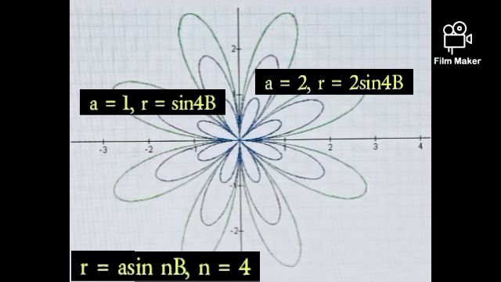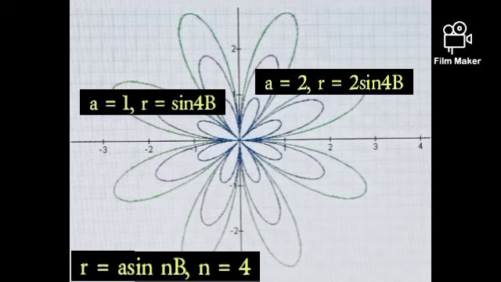We now increase the value of a from 1 to 2. And the polar equation r = a sin nθ becomes the polar equation r = 2 sin 4θ, where a is 2 and n is still 4.